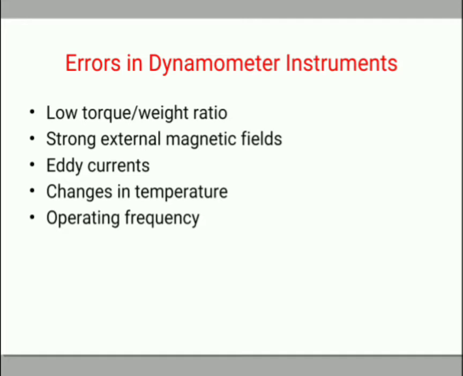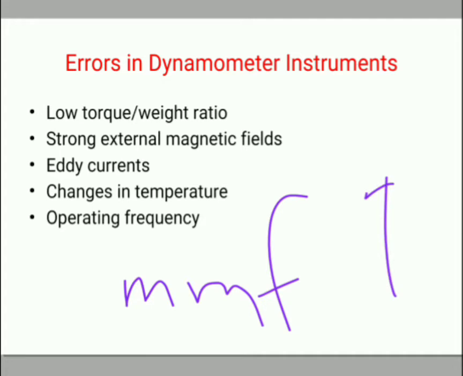In order to increase this deflecting torque, the magnetomotive force, that is MMF, of the coil must be increased by increasing the number of turns or by passing a large amount of current through the coil.